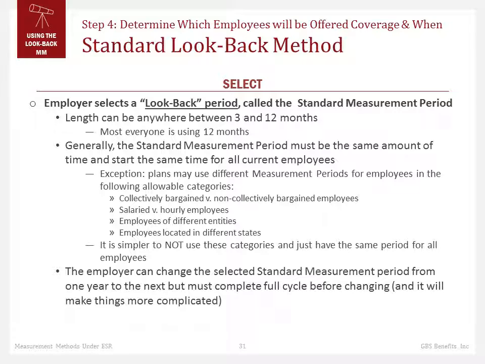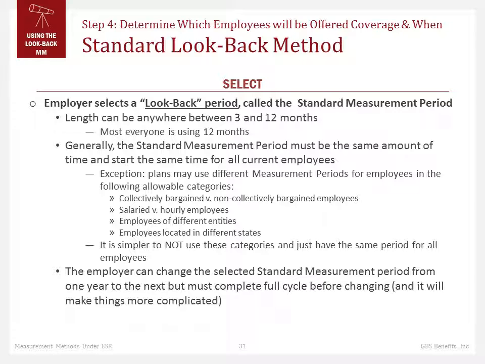Generally, the standard measurement period must be the same amount of time and start the same time for all current employees, but there are exceptions, and those exceptions are listed here. These 4 categories. I am telling you about this because I want you to be aware of the rules, but for simplicity's sake, I would not have different measurement methods for the different categories of employees.